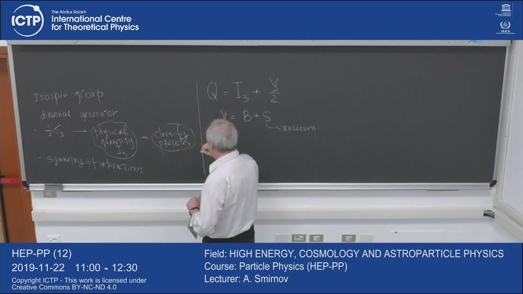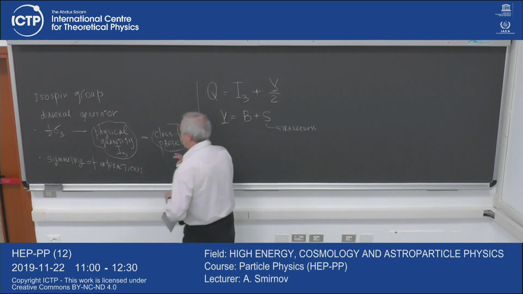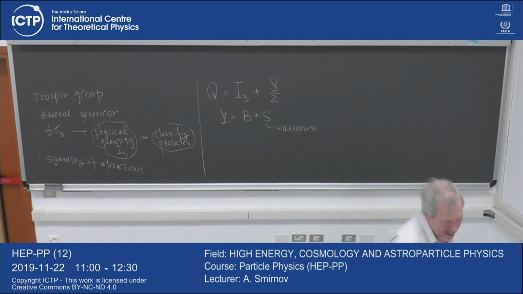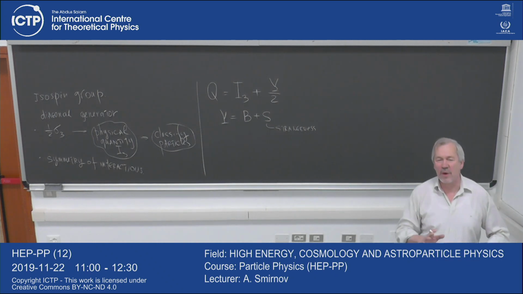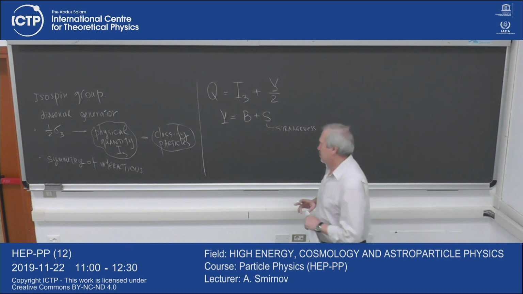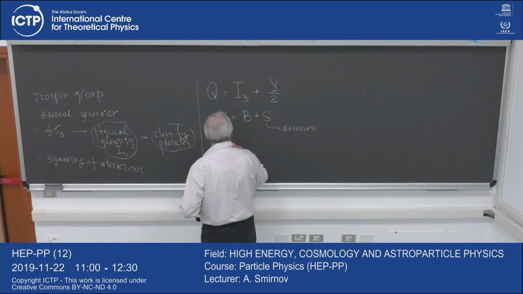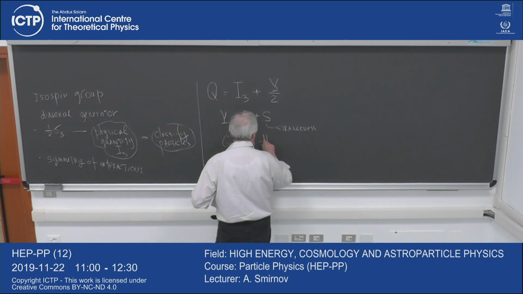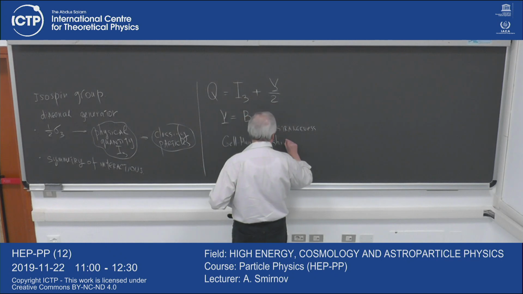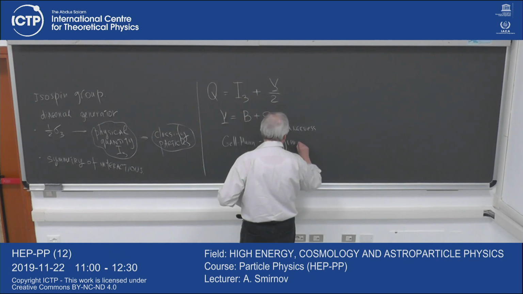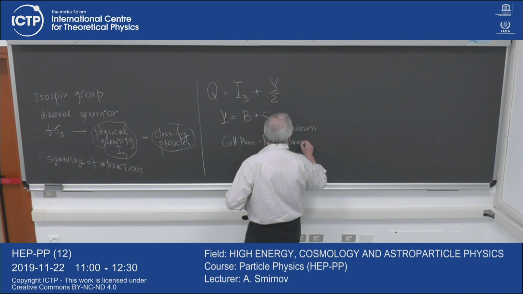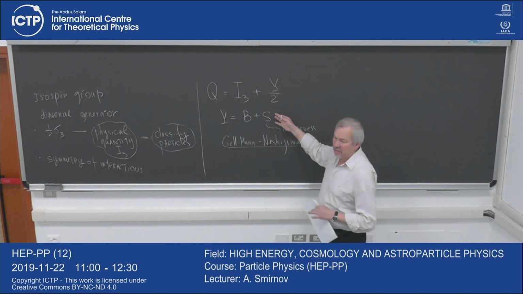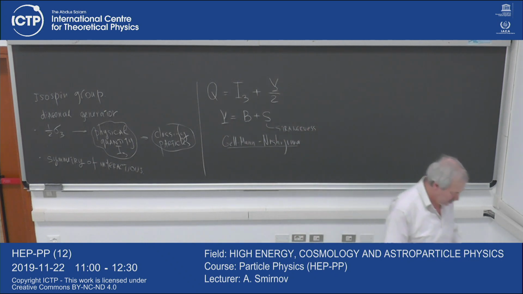Sorry that I put Nishijima-Okubo. There's another formula, by Gell-Mann and Okubo, which relates the masses of the particles. This is the Gell-Mann–Nishijima formula, and it was found in the framework of developments of the concept of strangeness.